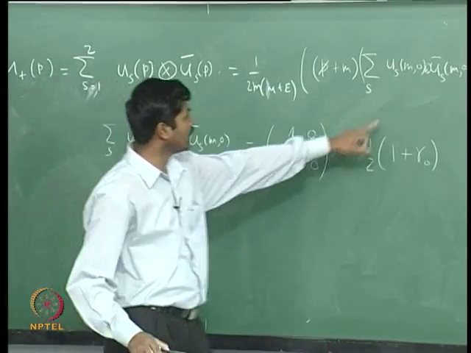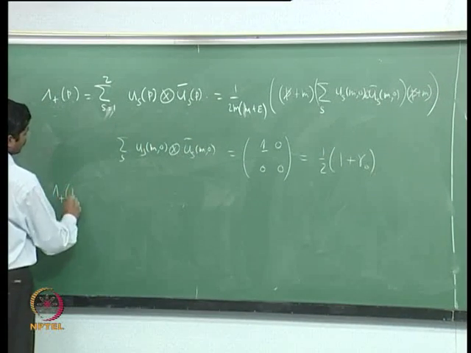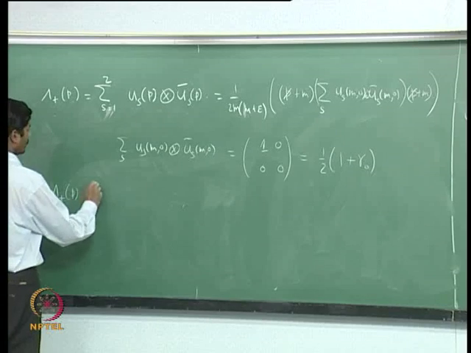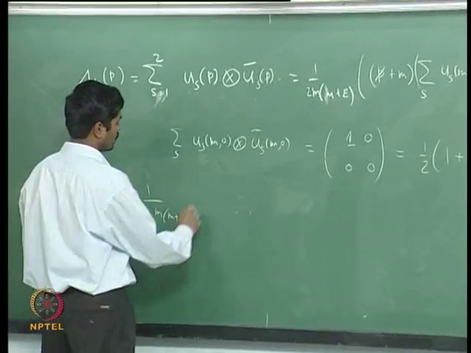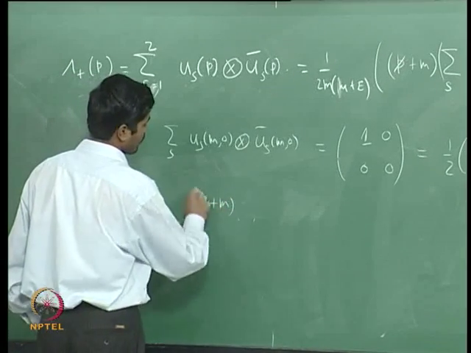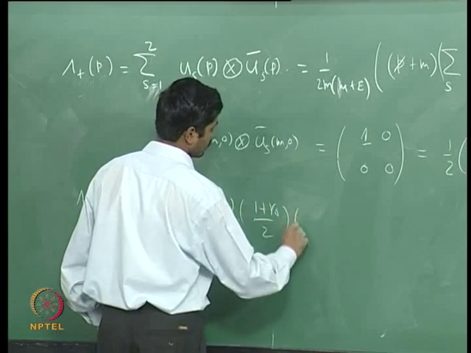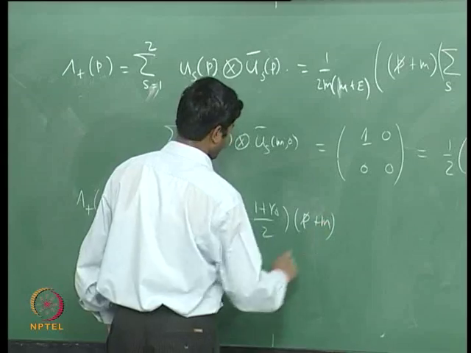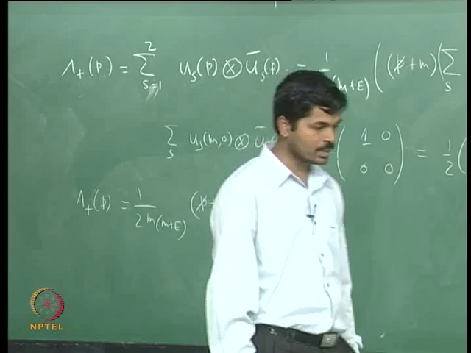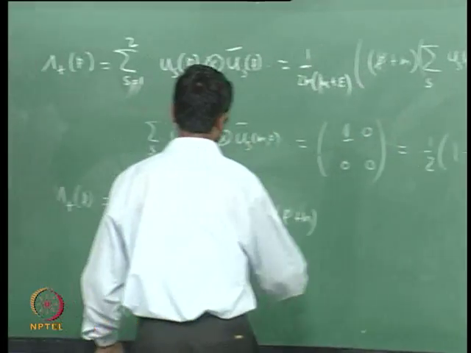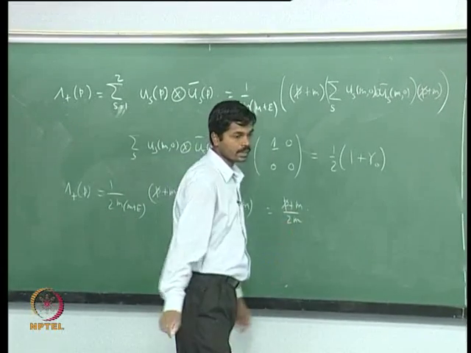So, I will use this identity here, then I have lambda plus of p equal to 1 over 2m(m plus E) times (p-slash plus m), times (1 plus gamma 0) over 2, times (p-slash plus m), and you can simplify this algebra to show that this is nothing but (p-slash plus m) divided by twice m. Okay.